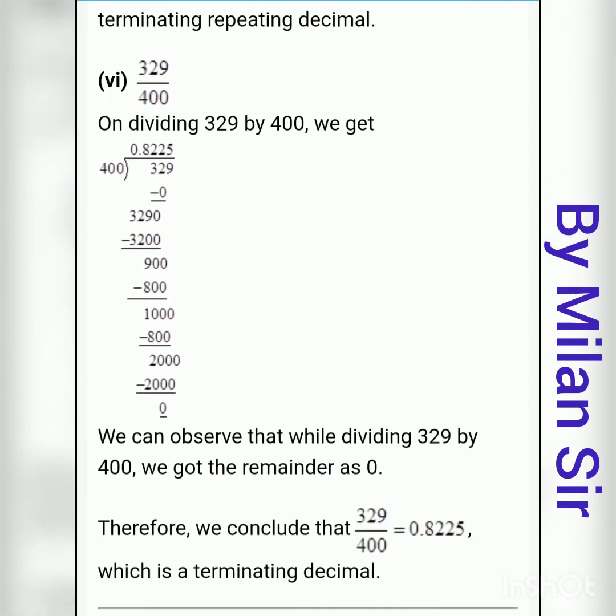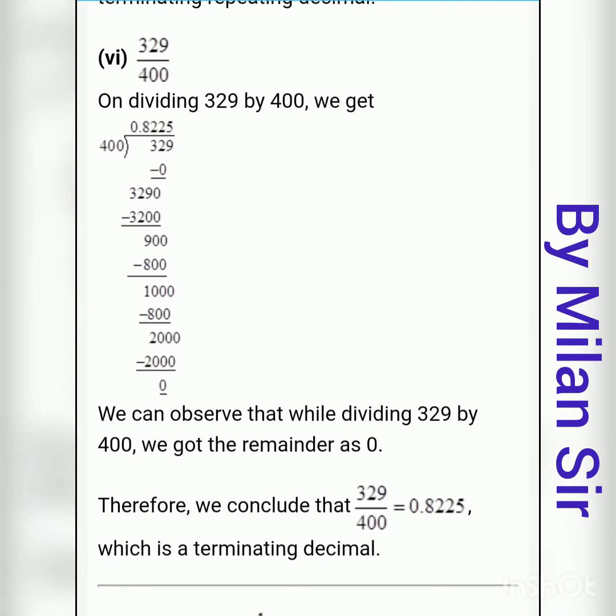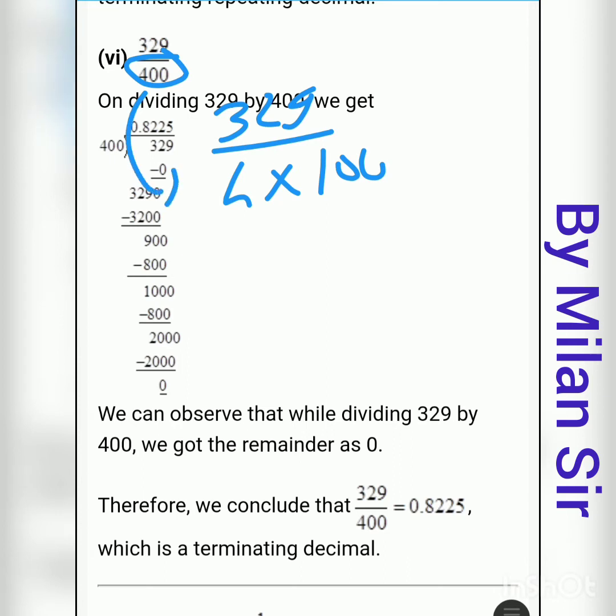Then next question is 329 divided by 400. Here 329 divided by 4 multiply 100. In place of 400 we can write 4 multiply 100.